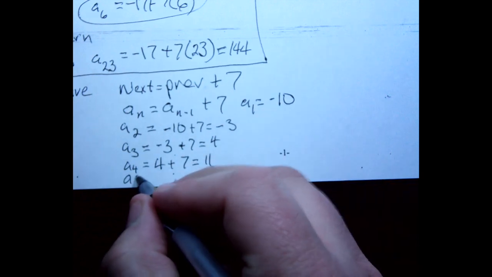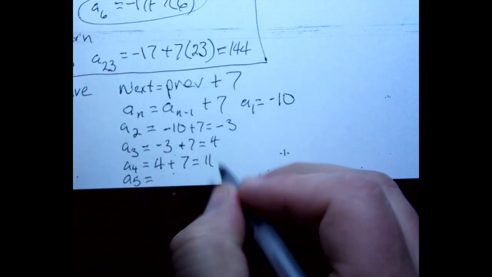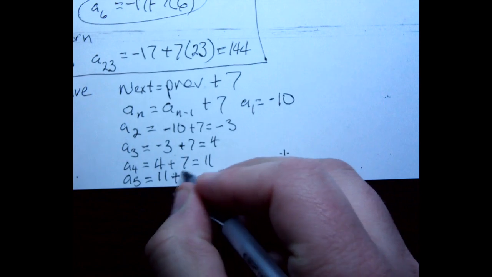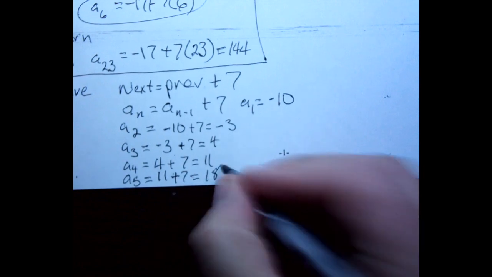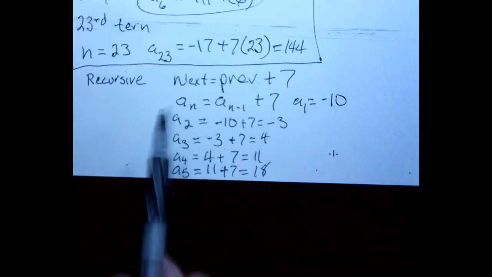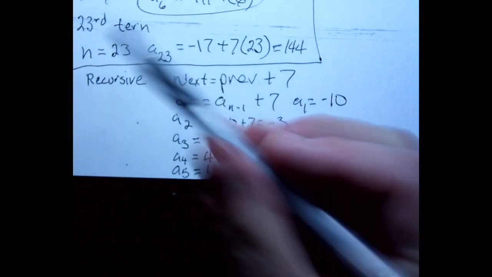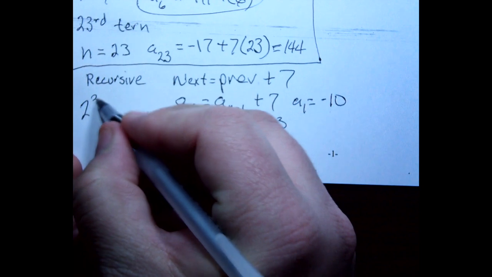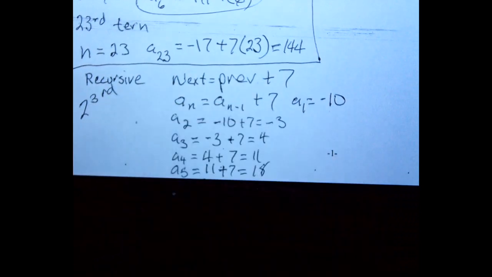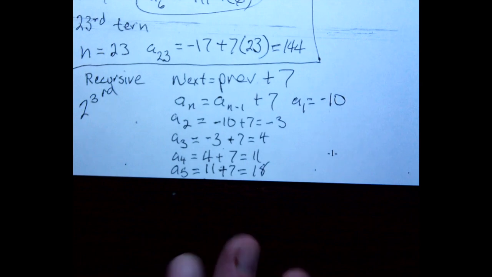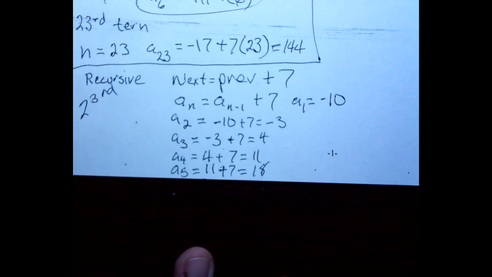The fifth term would be equal to the previous term, 11, plus 7, which is 18. So this recursive notation is great if you already have the previous terms, but it would be really hard to figure out the 23rd term. You'd have to go through this process over 20 times to get to the 23rd term.